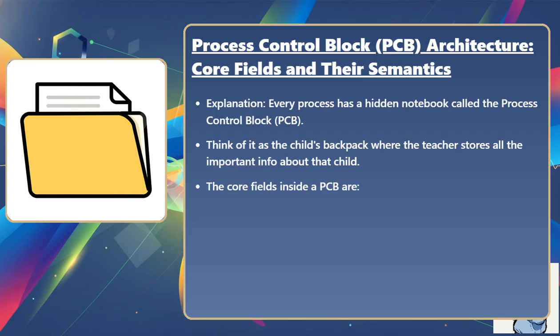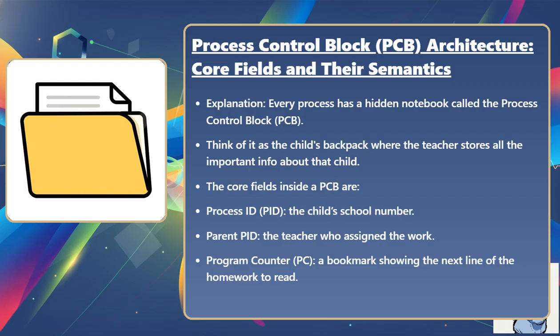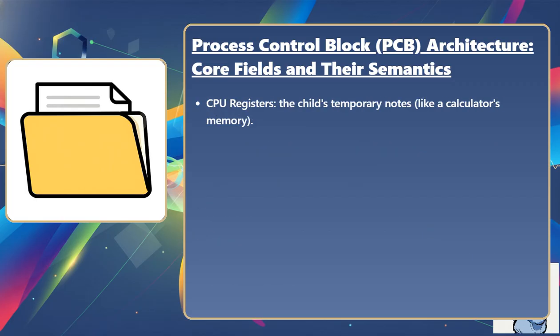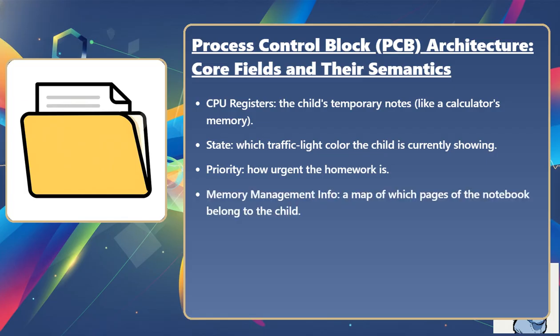The core fields inside a PCB are process ID, PID, the child's school number; parent PID, the teacher who assigned the work; program counter, PC, a bookmark showing the next line of the homework to read; CPU registers, the child's temporary notes like a calculator's memory; state, which traffic light color the child is currently showing; priority, how urgent the homework is; memory management info, a map of which pages of the notebook belong to the child; accounting info, total CPU time used, start time, etc.